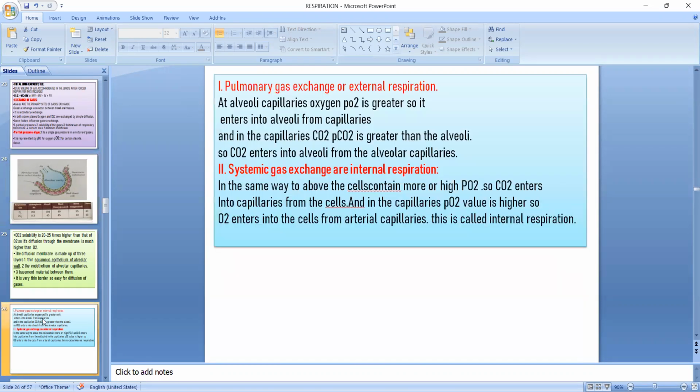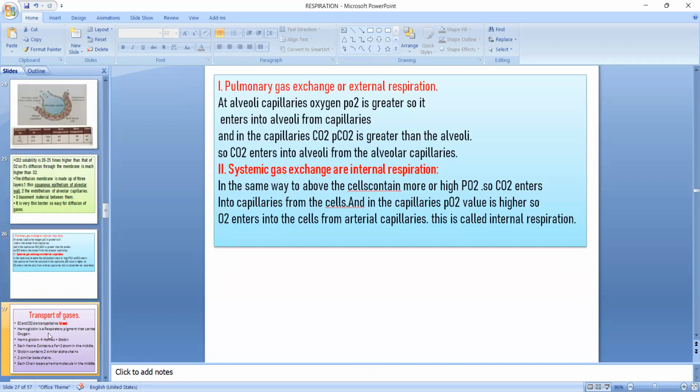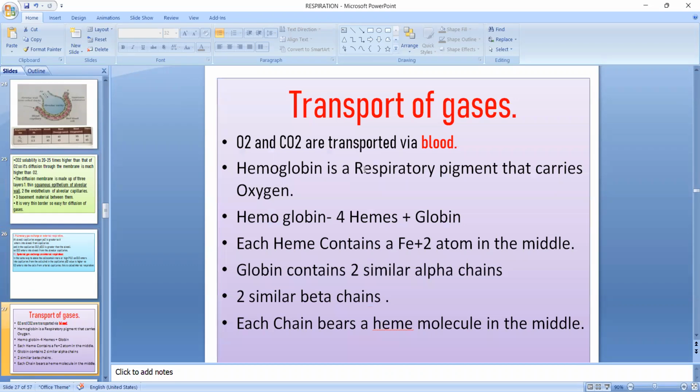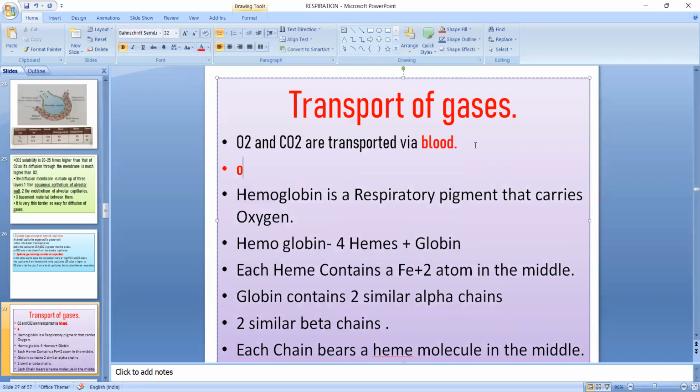O2 and CO2 are transported via blood. Oxygen transport.